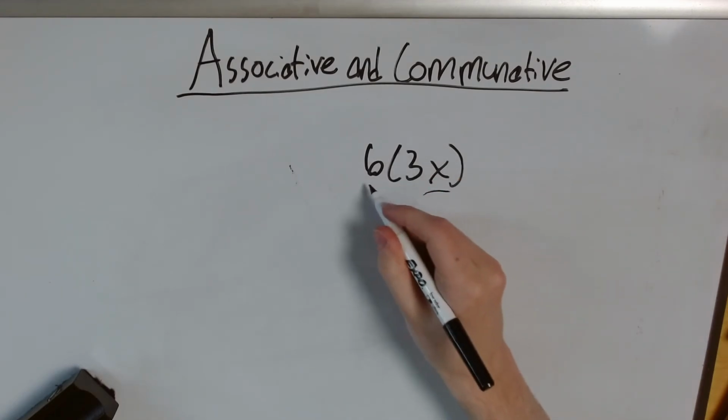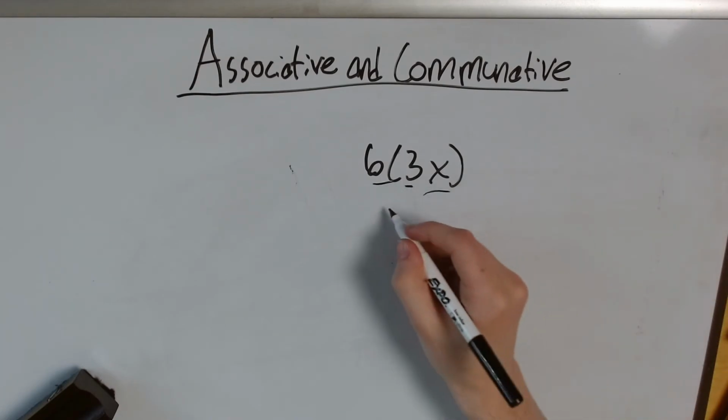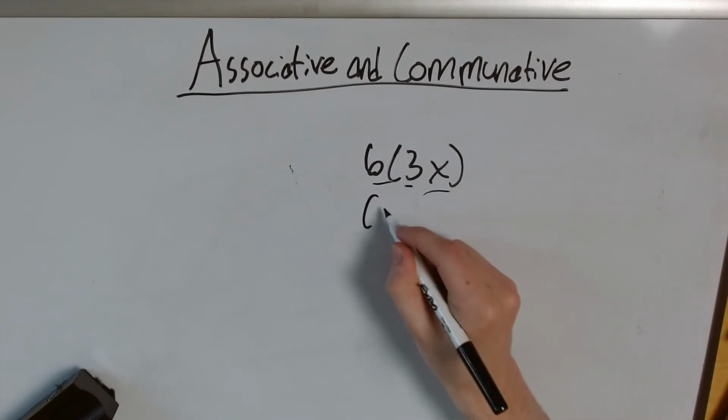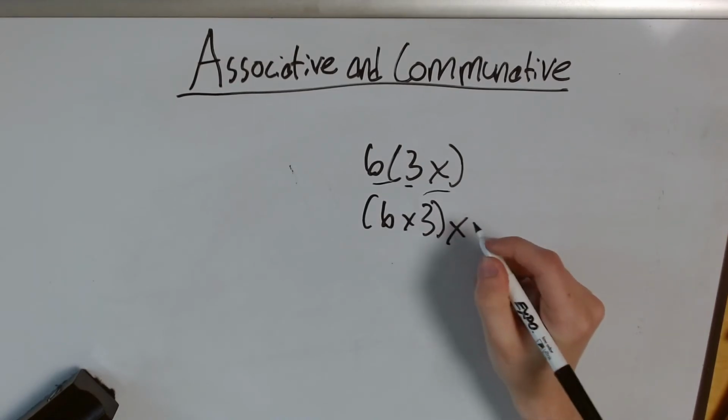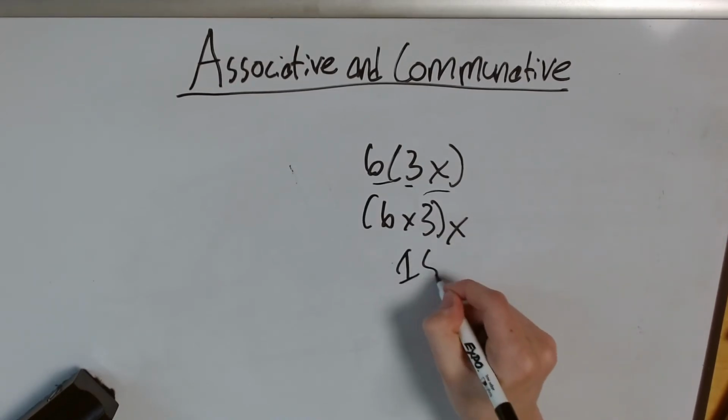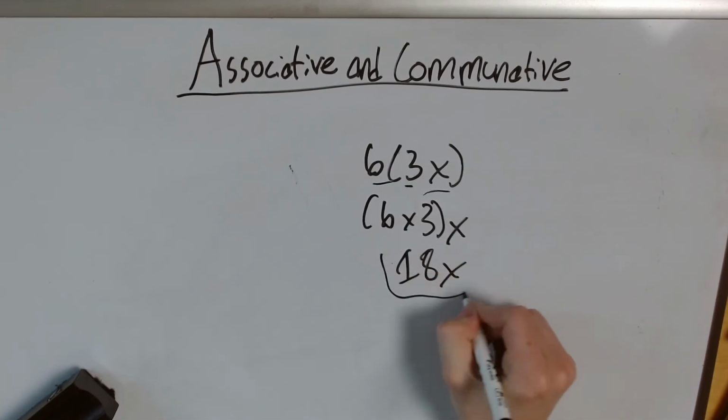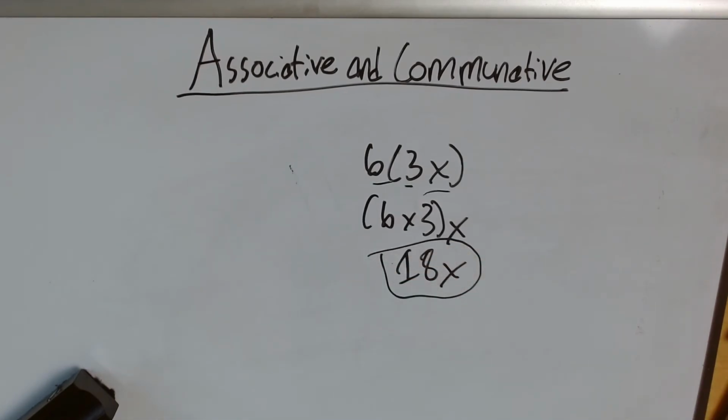I'm going to take this 6 here and this 3 here and group them together. So I'm going to have 6 times 3 times x, which is 18x. And those are some examples of just how much the associative and commutative properties can help you, simplifying your solving, making everything so much easier.